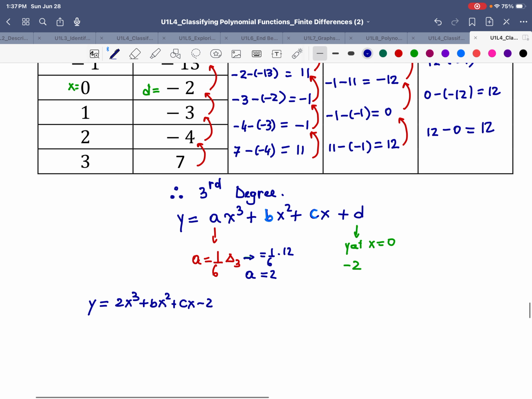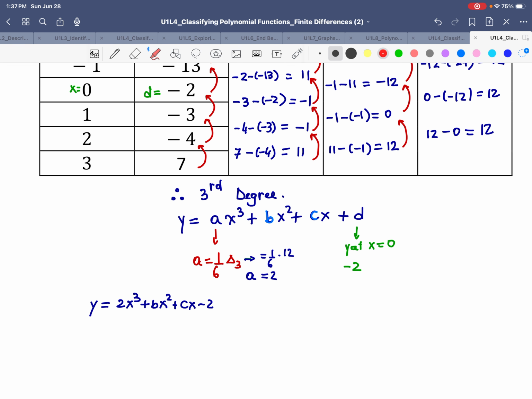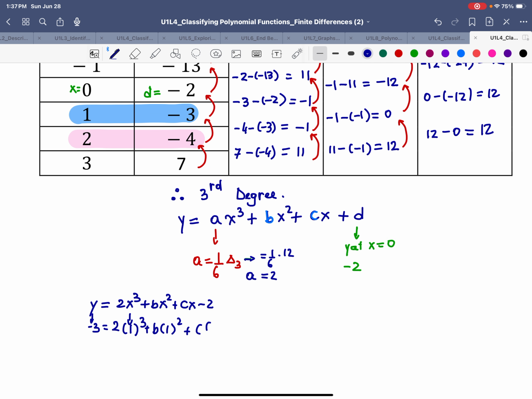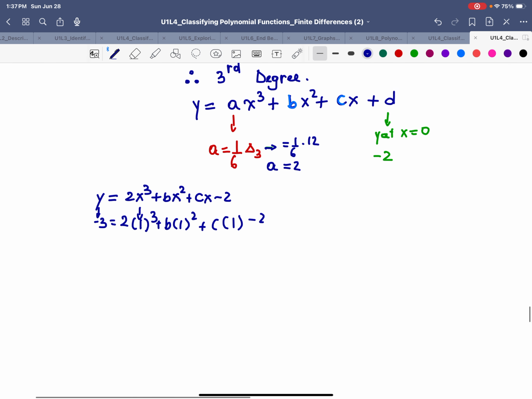We're going to use this equation to find b and c. We're going to need two ordered pairs, and the ordered pairs that we'll be using are 1 and negative 3 and 2 and negative 4. So when x equals 1 and y equals negative 3, we're going to have negative 3 equals 2 times 1 to the power 3, plus b times 1 squared, plus c times 1, minus 2. So we're going to simplify this.